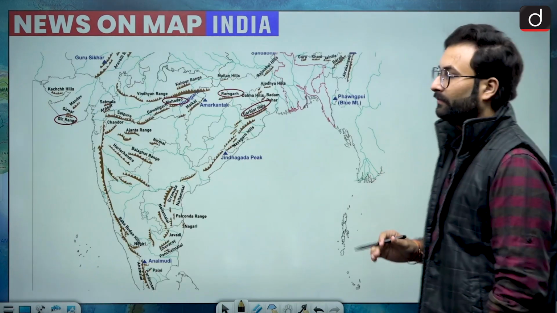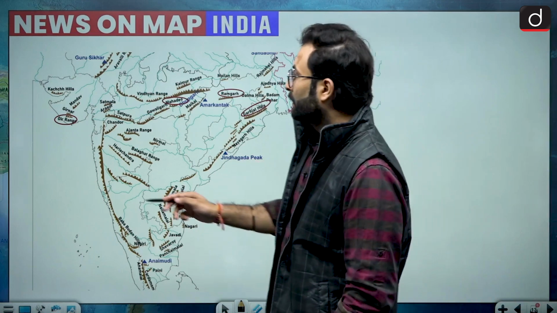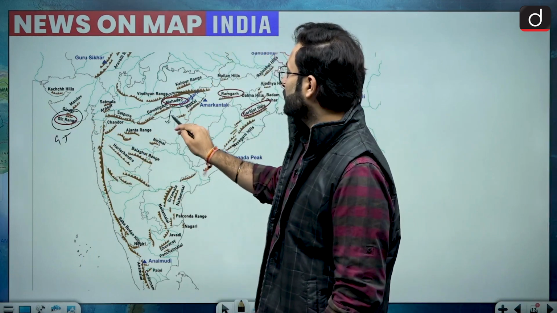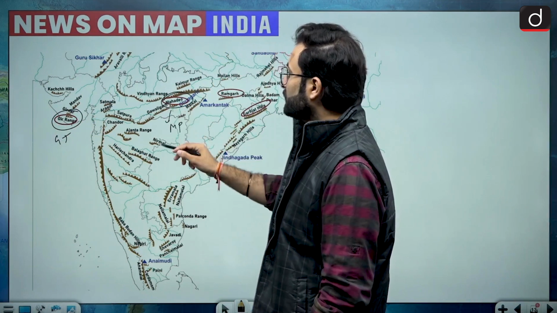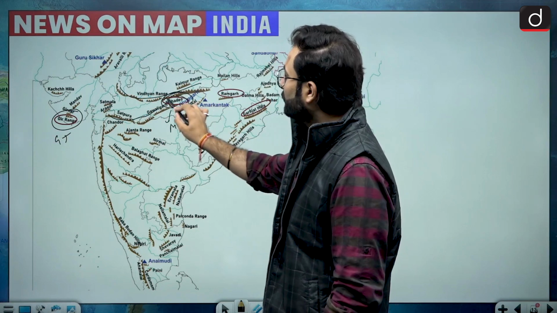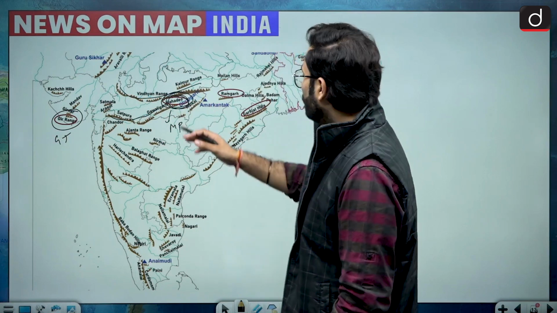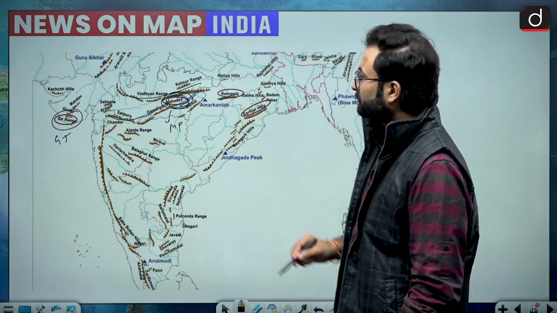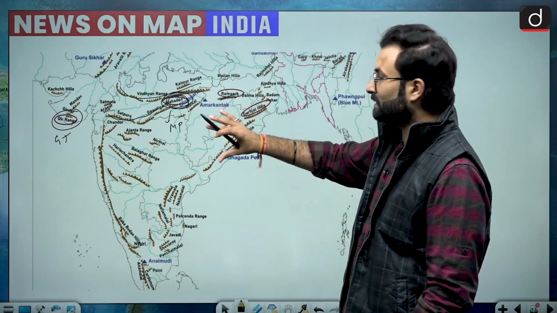Other than that, let's have a look at the map. Here you can see this is the Gir Range in Gujarat. Then Mahadev Hills, these are in MP. In the central part, you can see the Vindhya Range, then the Satpura Range, and then these are the Mahadev Hills. Moving further eastward, you can see this is Ramgarh Hill, in the Chhattisgarh and Jharkhand area.